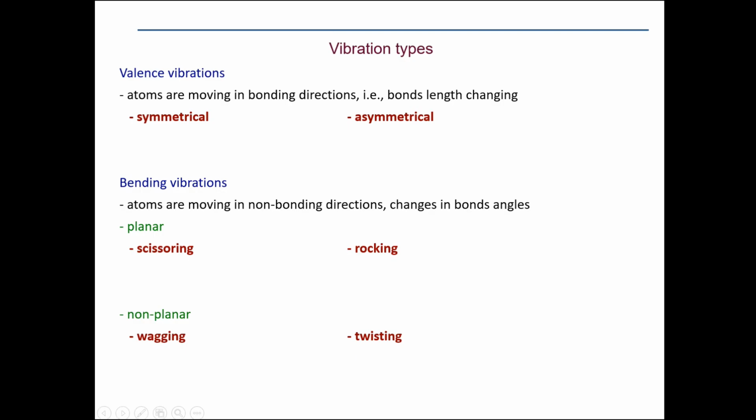So first of all, let's talk about valence vibrations. Valence vibrations means that the atoms are moving in bonding directions. So it means that we change the length of the bonds. That's why it is valence vibrations, because you move it here and there in the direction of bonds.